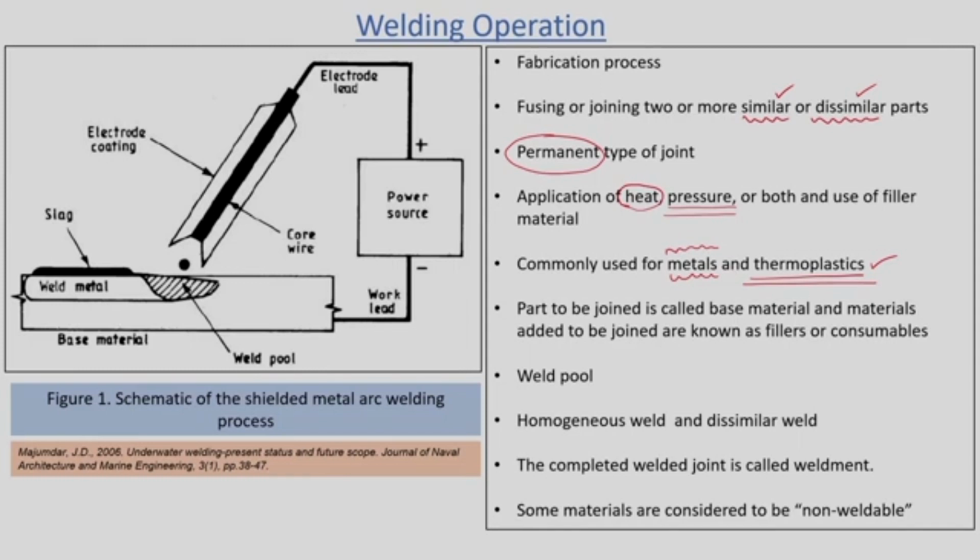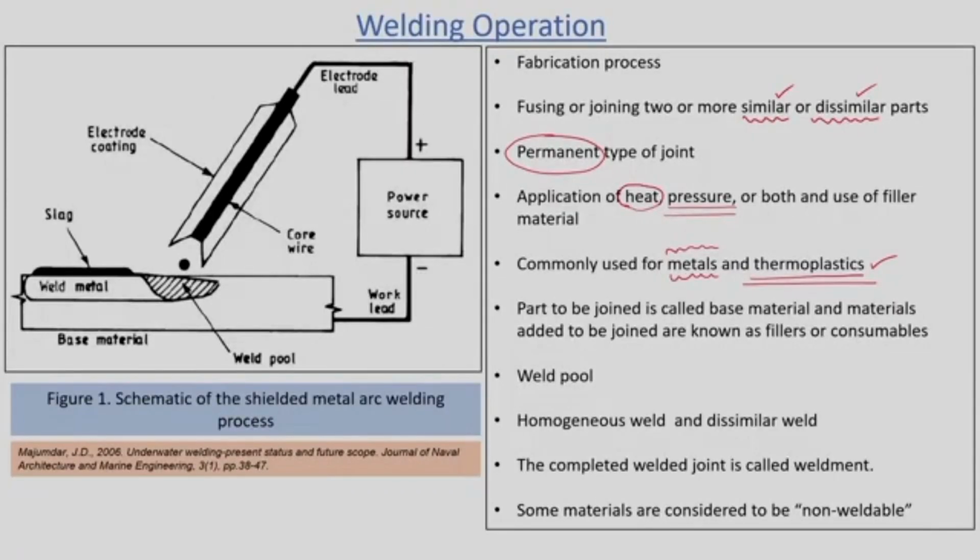So, when we join these two materials together, in some of the cases we are using an additional material for fusing these two materials. We are using filler material. So, these filler materials may be of the same type or of a different type for joining these two materials. We generate a weld pool.